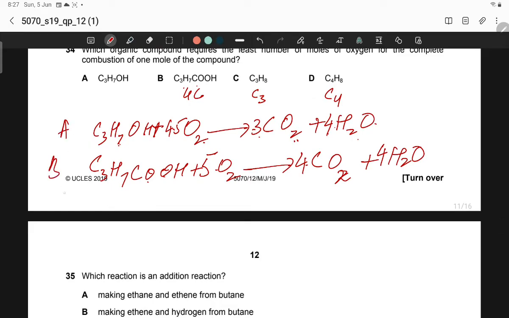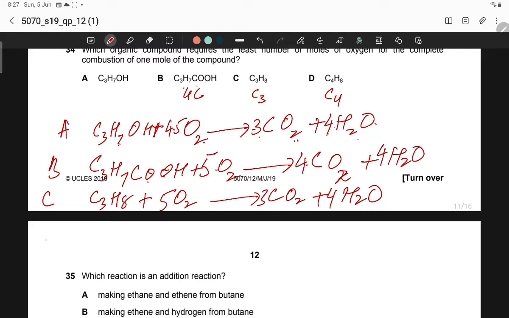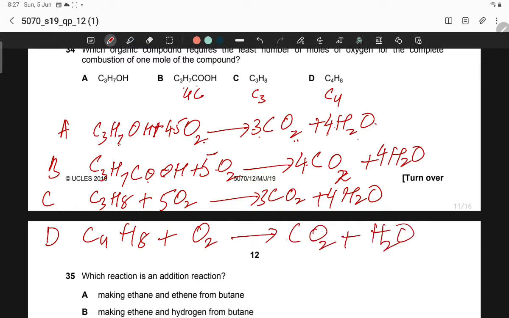A, B, C. C3H8 plus O2 gives CO2 plus water: 3CO2, 4H2O, 5O2, D option. C4H8 plus oxygen gives CO2 plus water: 4CO2, 4H2O, 4 to the 8 or 4, 12, 6. So option A is correct.